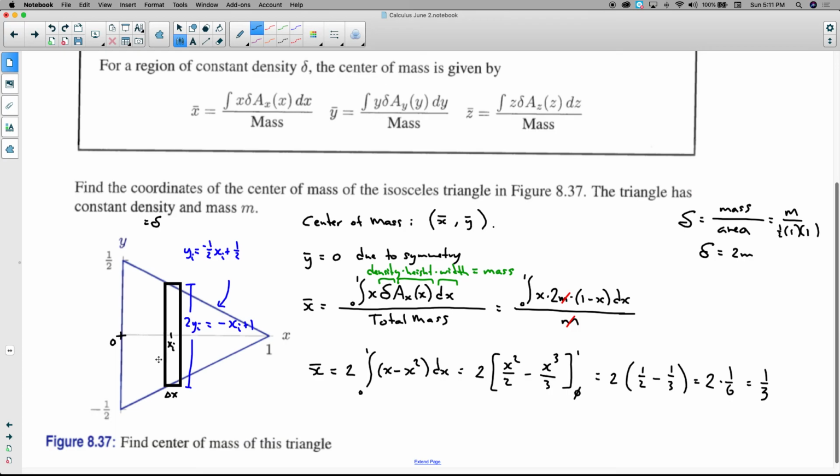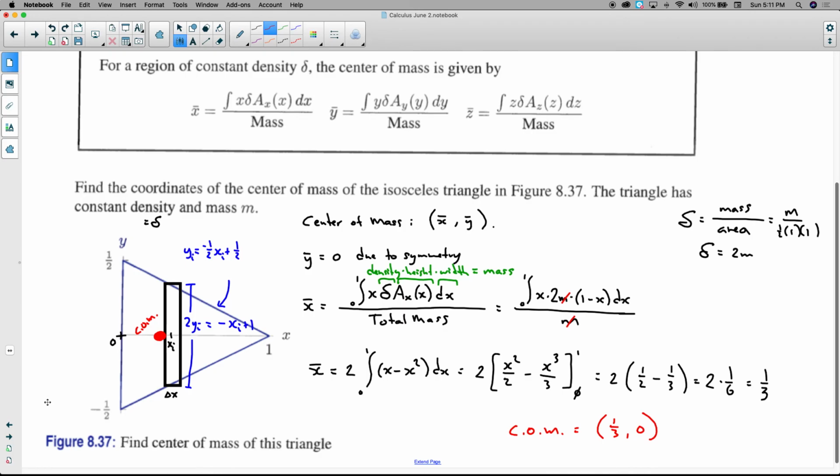And where is 1/3? In fact, that's listed as a coordinate. So the center of mass is 1/3, comma 0, which is about, that's a halfway marker, so we're just going to go right about here. That's our center of mass.